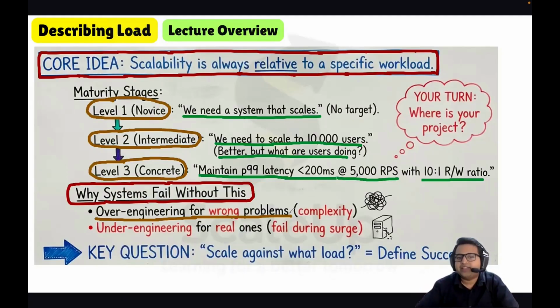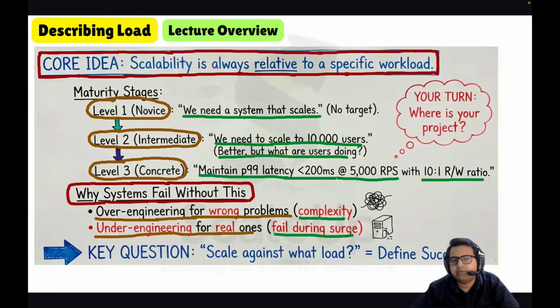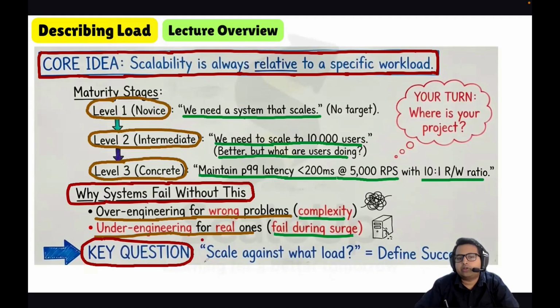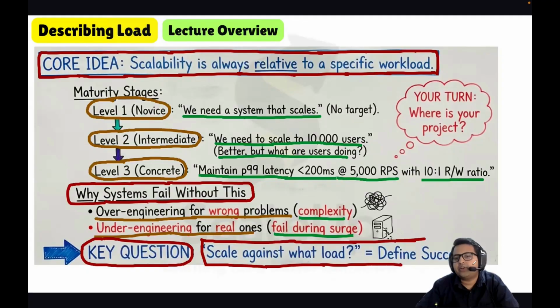We may unnecessarily increase the complexity of the system, or we can under engineer for the real problems. We can fail during a surge. So the very important question we should ask is, scale against what load? This question will define the success.